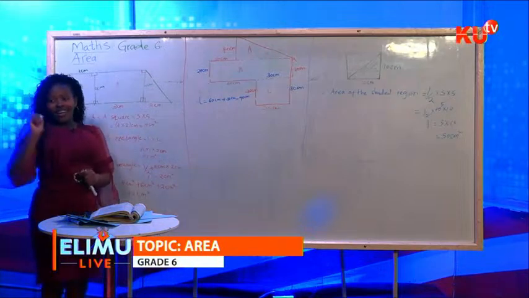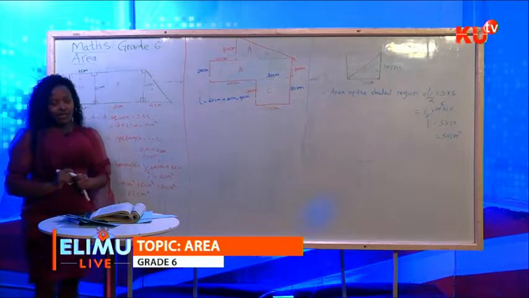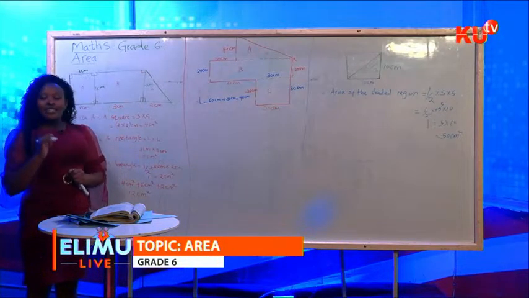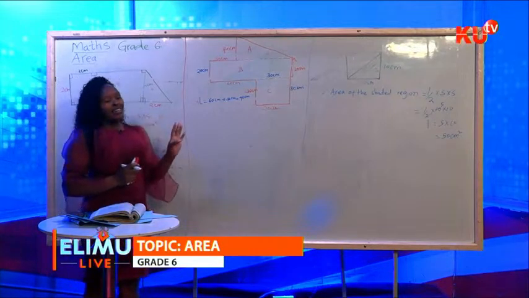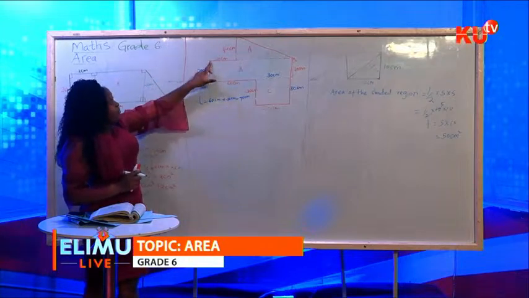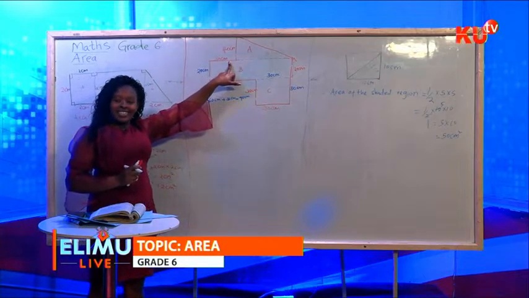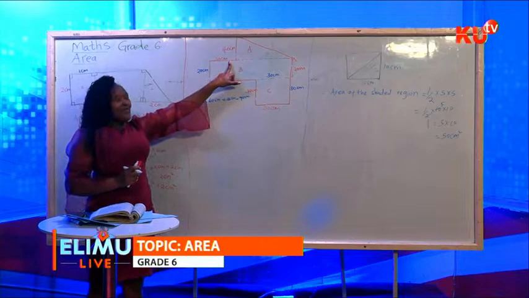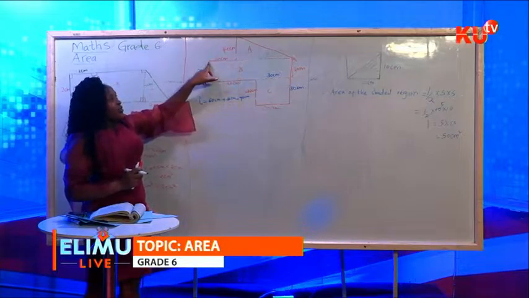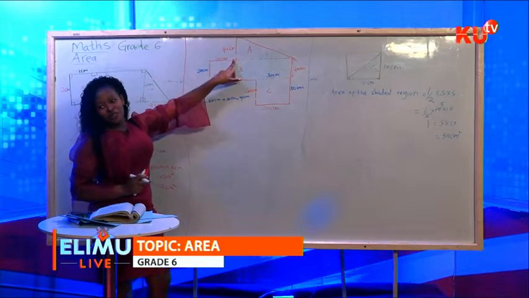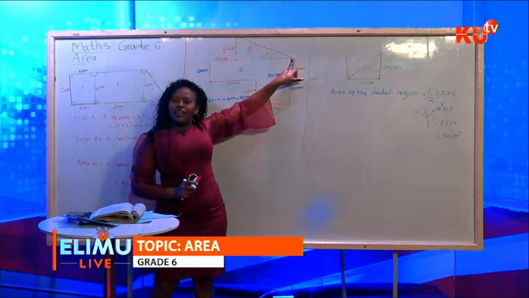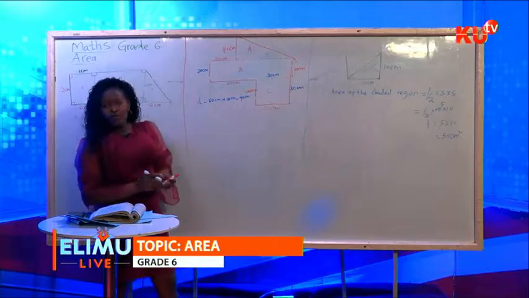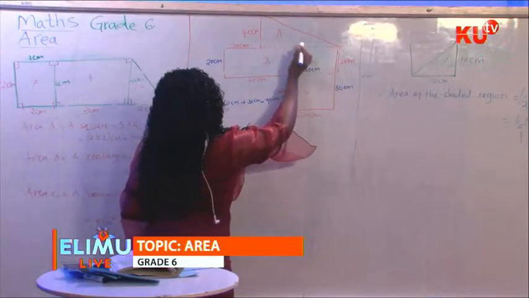So we know that the length of the rectangle is equal to 90 centimeter. But if you look keenly, we have been told that from here to here, it is 30 centimeter. Because we know that from here to here is 30 centimeter, and from here to here it is 90 centimeter. What are we supposed to do for us to get from here to here?